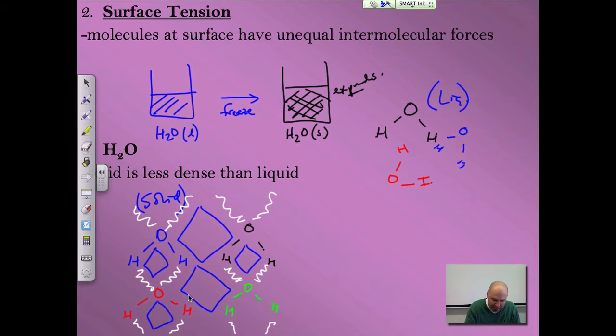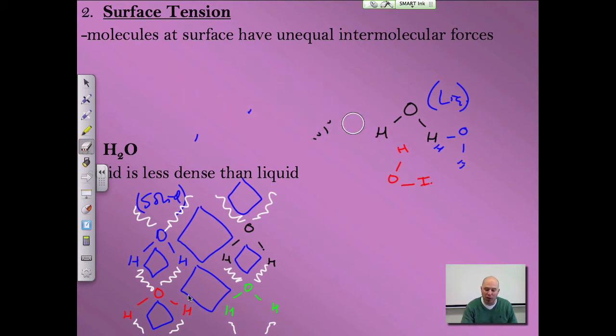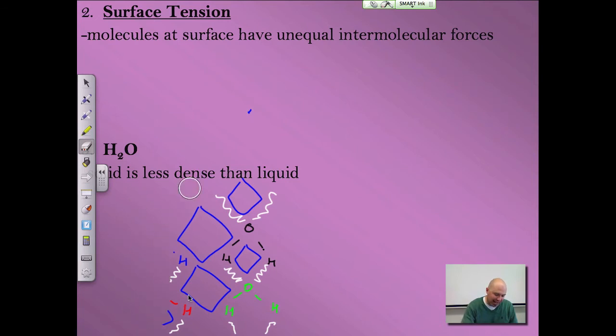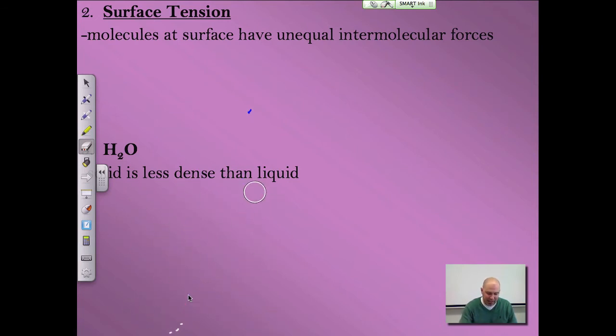And those spaces allow it to be less dense. There's less spaces, so it expands. Why does it expand? Because they get further apart, which is less dense. That's why ice floats on top of water. We'll talk about it more in our class, but that's the basic idea of the density of water.